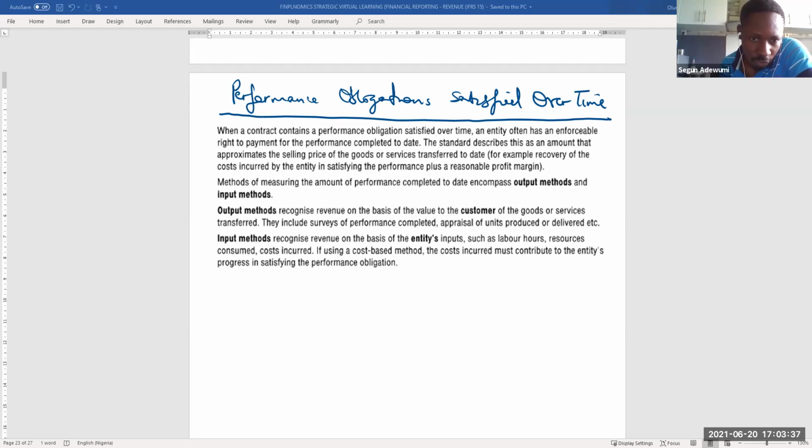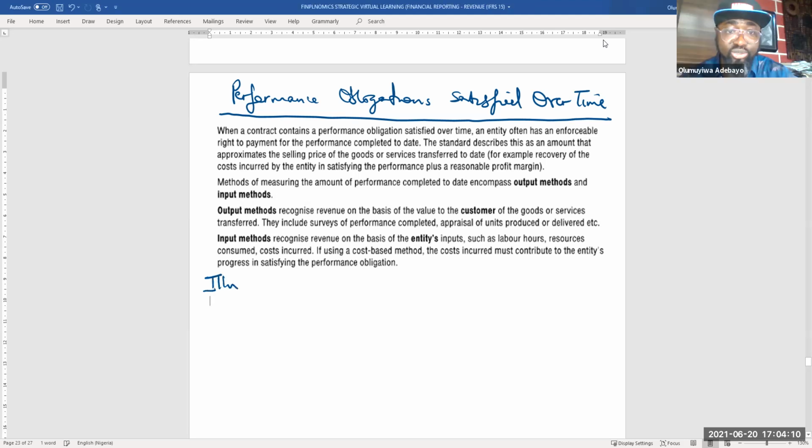They include surveys of performance completed, appraisal of units produced or delivered, etc. Input methods recognize revenue on the basis of the entity's inputs, such as labor hours, resources consumed, cost incurred. If using a cost-based method, the cost incurred must contribute to the entity's progress in satisfying the performance obligation.